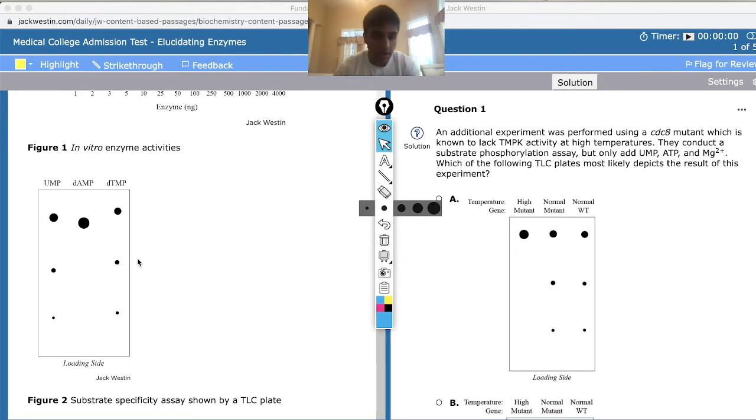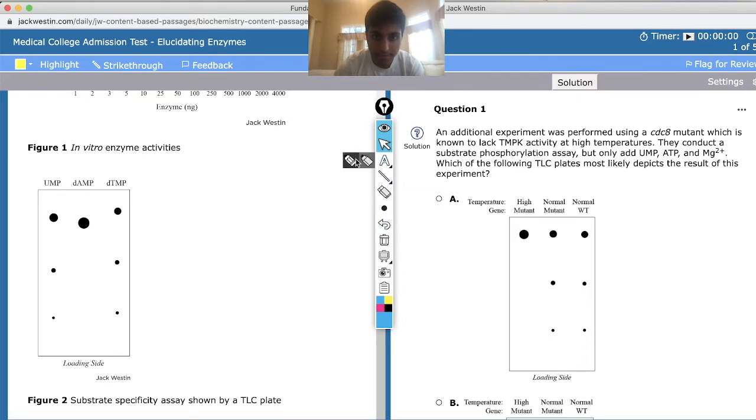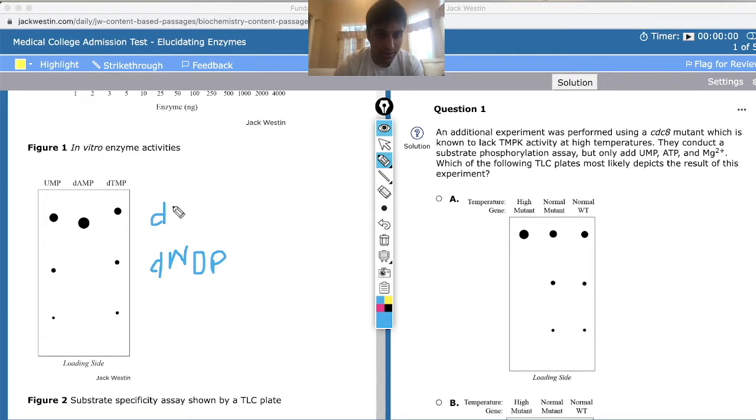So this is going to be our deoxynucleotide diphosphate. This is our deoxynucleotide monophosphate. And this is going to be our deoxynucleotide triphosphate.